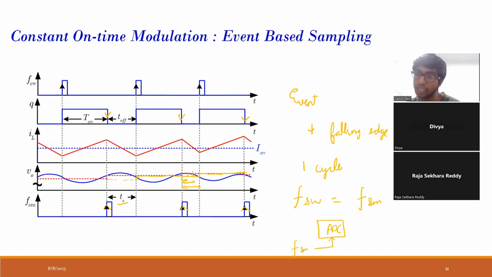But internally in the ADC, there'll be another clock coming to the ADC, which is a high frequency clock. That clock will decide the cycles internally in the ADC. This ADC cycle is separate from the cycle of the buck converter or whatever converter.